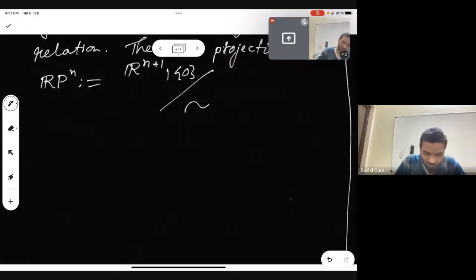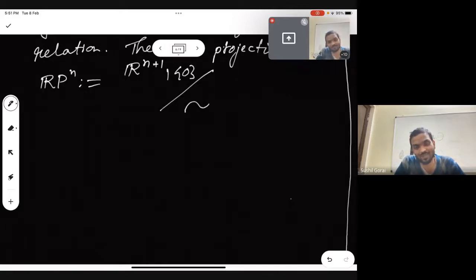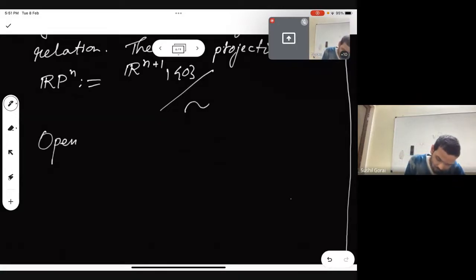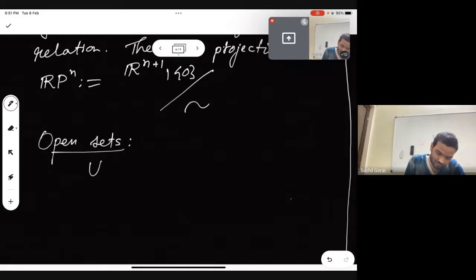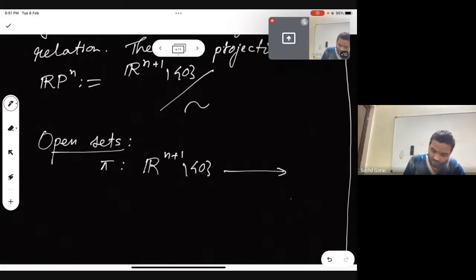Now let's come to the question: what are the open sets? You have the quotient map pi from R^(n+1) minus the origin to RPn.